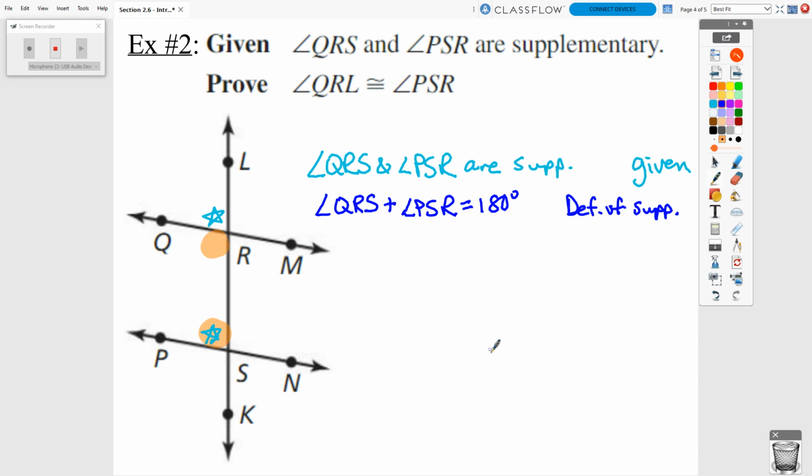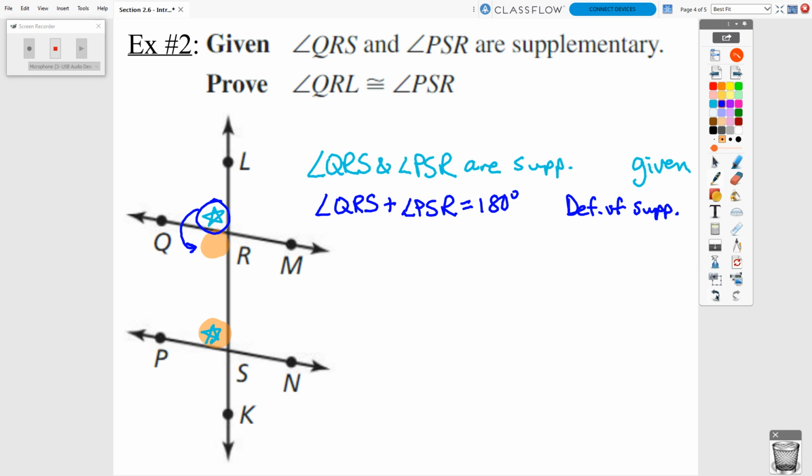Okay, now that takes care of all of our given information, which means we now need to go hunt and find something else to use in our picture. Now, we need to somehow talk about angle QRL. But is there a relationship that this angle QRL has with either angle QRS or with angle PSR? And right now, you only know about one relationship, and that's with its adjacent neighbor here, QRS.